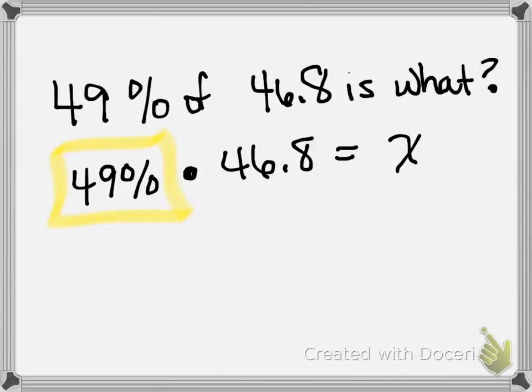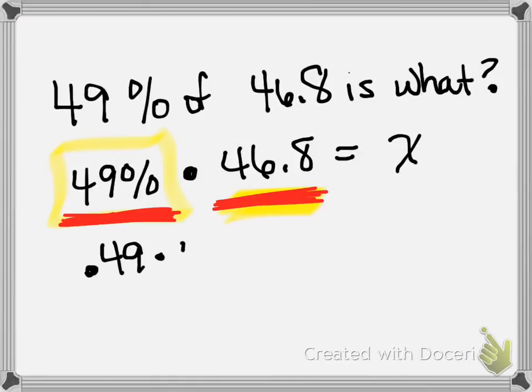You cannot take 49% times that. This is a decimal, and this is not a decimal. This is still written with the percent notation. We need to change that to a decimal for a penny so that it agrees with this form. Well, 49% is 49 cents. So 49 cents times 46.8 will give you your value for x.